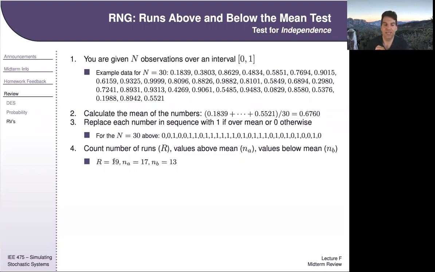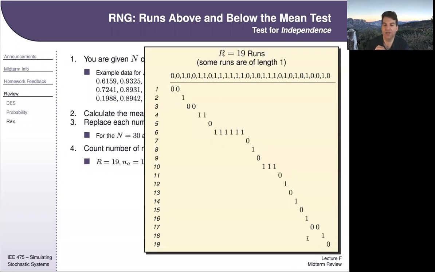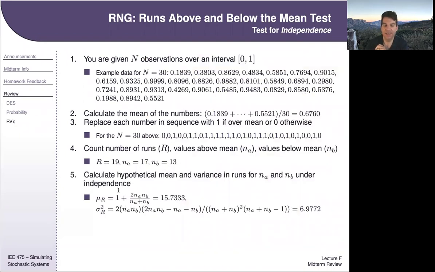Then you count the number of runs. A run is a group of the same outcome in a row. I've been highlighting runs here, and this is them broken up. These are the 19 runs in this sequence of 30 outcomes. These formulas are ones I definitely think you should put on your formula sheet.